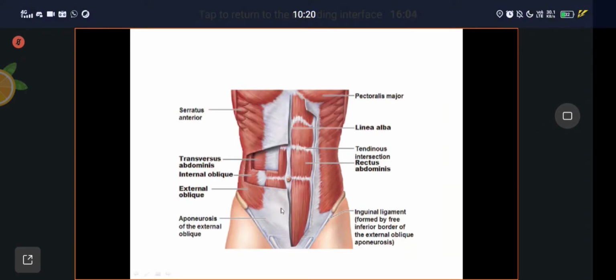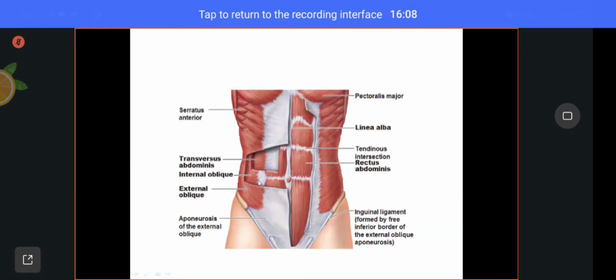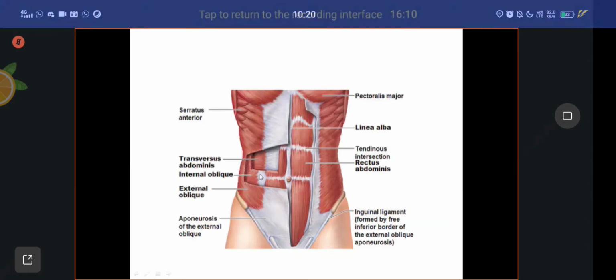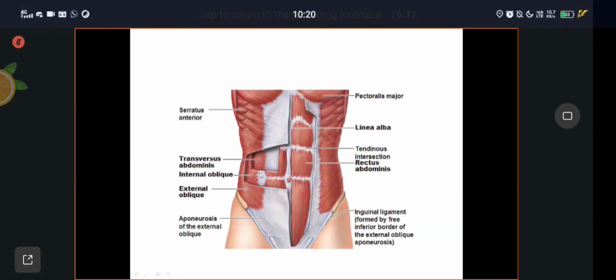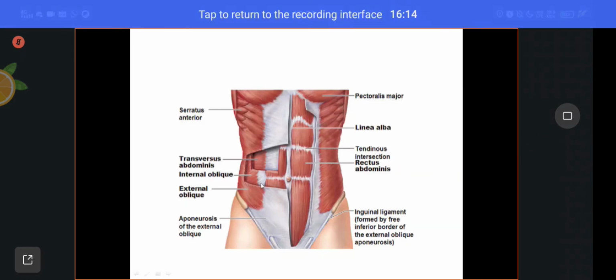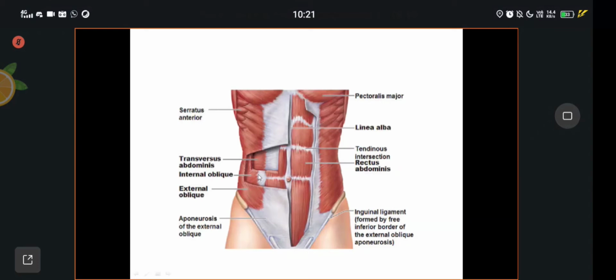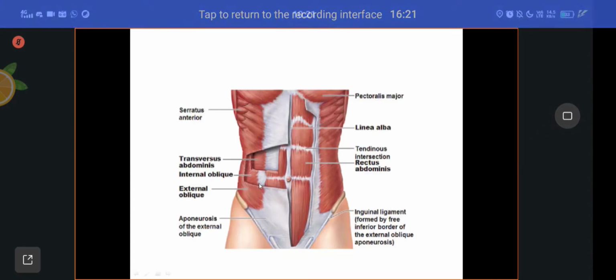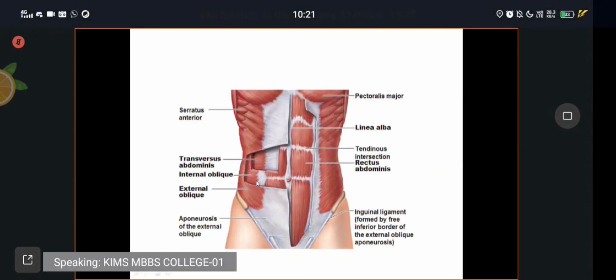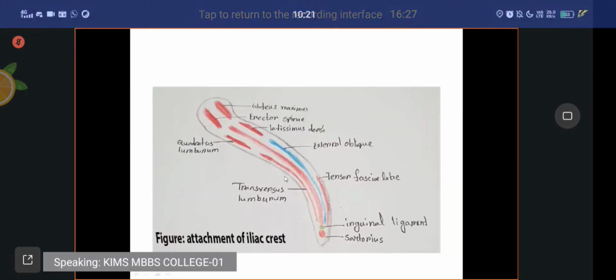This is the external oblique muscle, and inside it you can see the internal oblique muscle. So these two muscles are the muscles of the anterior abdominal wall. Right.